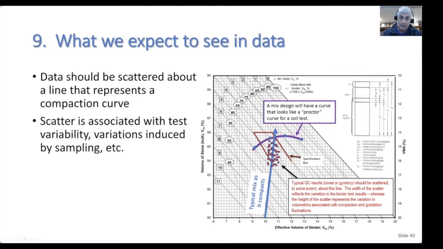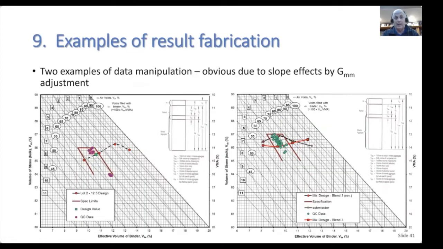Now, one of the things that we had on one project that I was looking at was this type of scatter. So remember on that previous slide I said they should be going in this direction. These are the quality control results going in this direction, and you see here in this direction. This was a base mix, and this was the implementation of the wearing course mix.